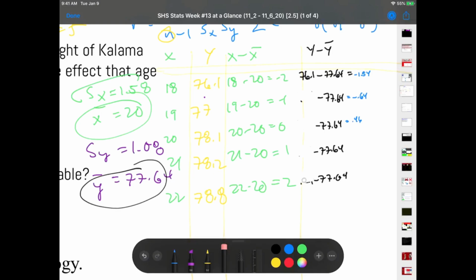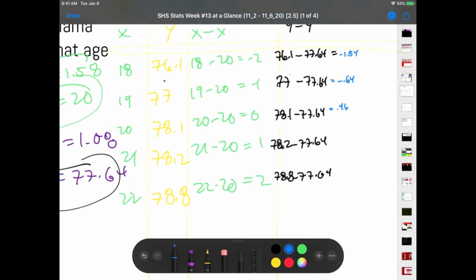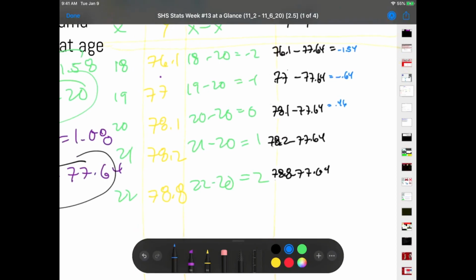Did you guys see that? I was like, oh, subtract those numbers, they don't look right. Okay, those numbers look better, because when you subtract a bigger number by a smaller number, you get a positive. And then this is 1.16.